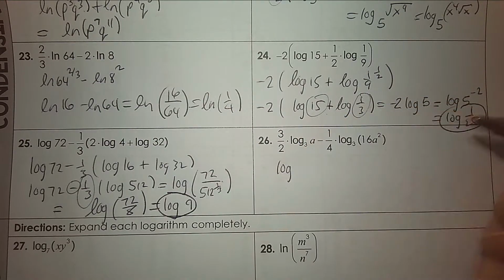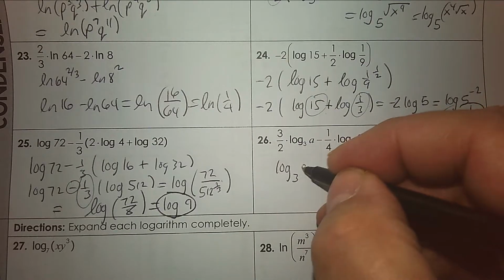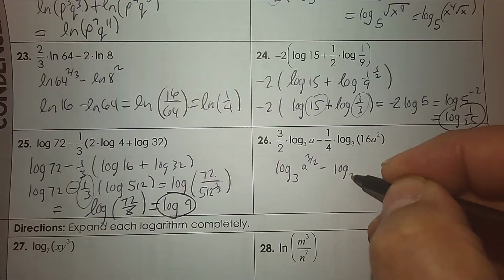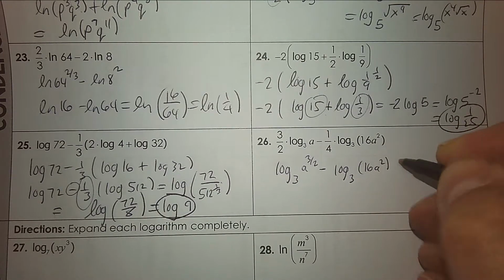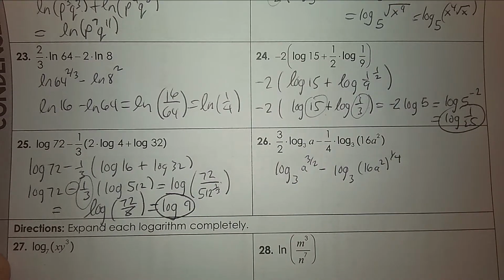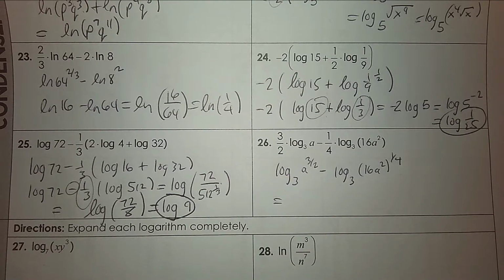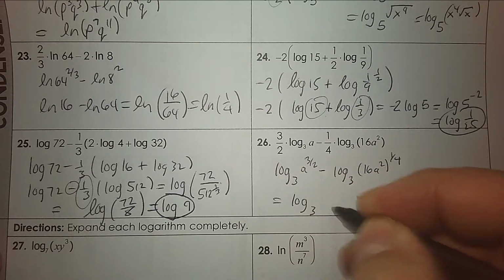So, step 1, 3 over 2 becomes the exponent for A. 1/4 becomes the exponent for 16A squared. I'm going to write this as one logarithm.